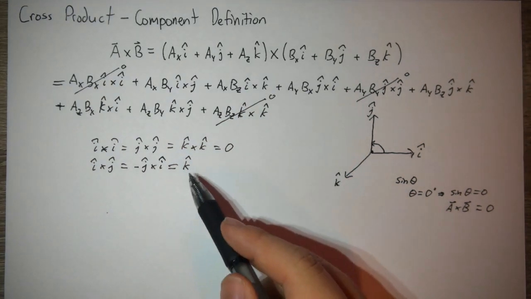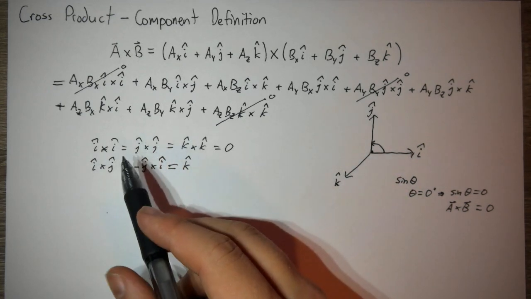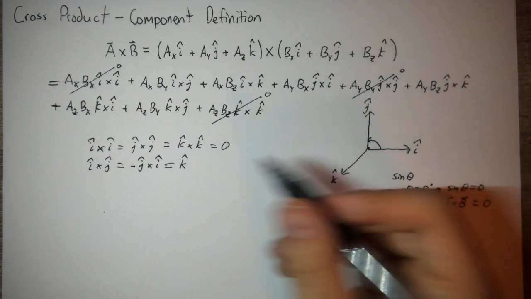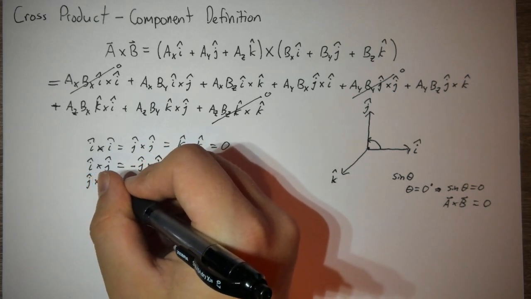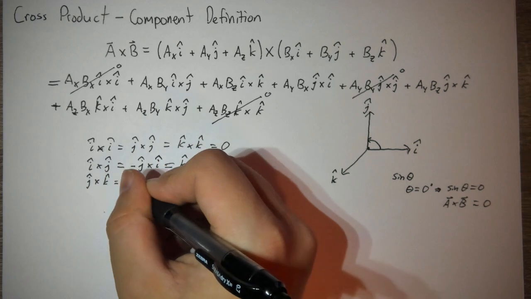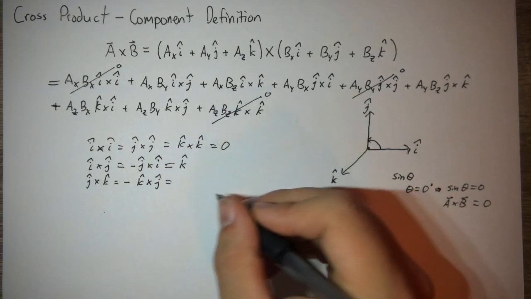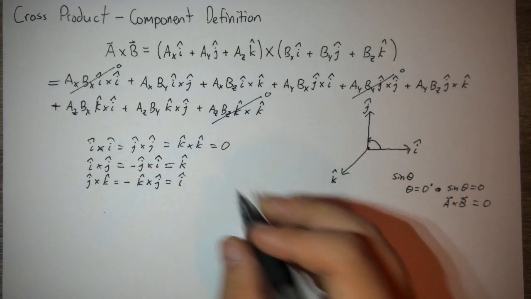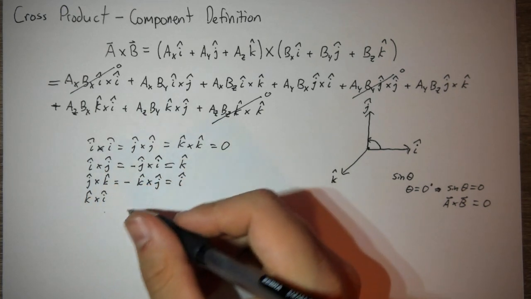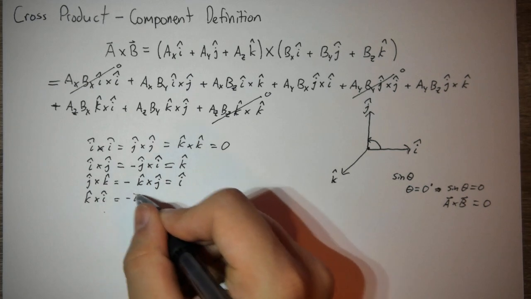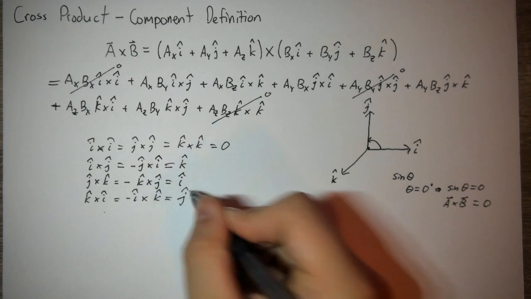Now, we can build out the same relations for each direction. If you use your right-hand rule for the rest of the directions, you'll get that j cross k is equal to negative k cross j, which is equal to i. And then k cross i is equal to negative i cross k equals j.